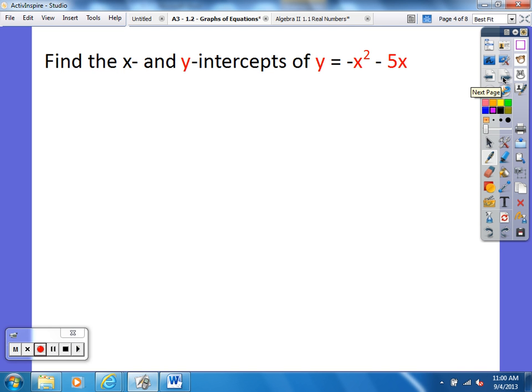So now we're going to find the x and y intercepts. And x and y intercepts actually can be found the exact same way no matter what equation I give you. Tell me how I find an x-intercept? Let's take a guess.